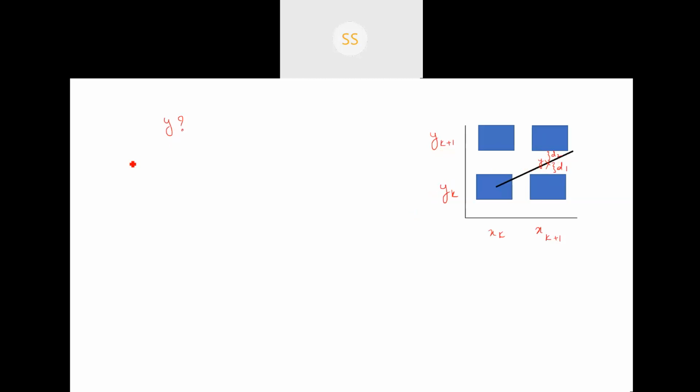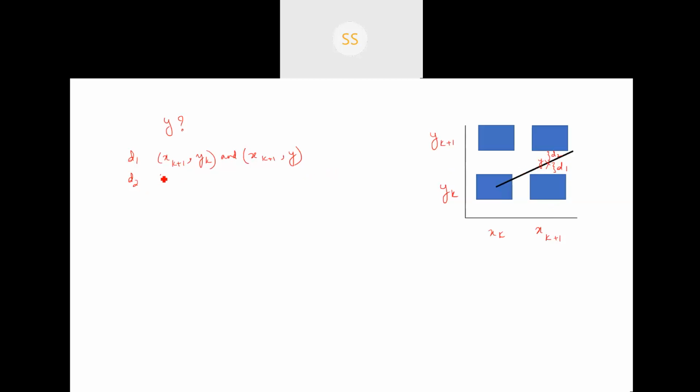Okay, so I have got the distance d1 and the distance d2. So what did I say about d1? d1 is the distance between the points xk plus 1 comma yk and xk plus 1 comma y. So d1 is the distance between the pixel at position xk plus 1, yk, and this point, which is xk plus 1 itself because it is the same column, but you do not know what the value of y is, so I simply put it as y.